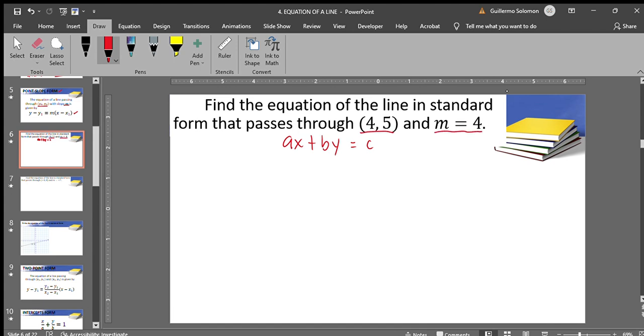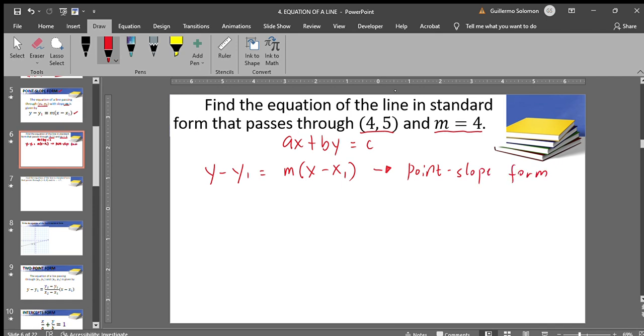So definitely we are going to use the formula y minus y sub 1 is equal to m multiplied by the quantity x minus x sub 1. So this one is the point slope form.